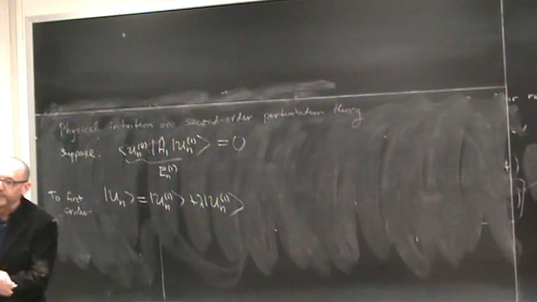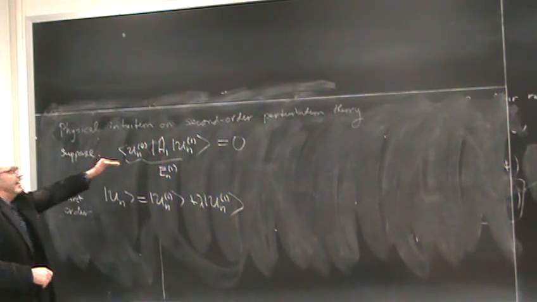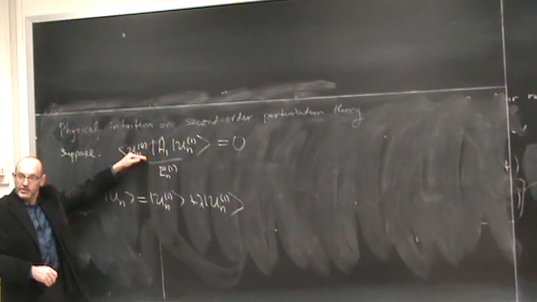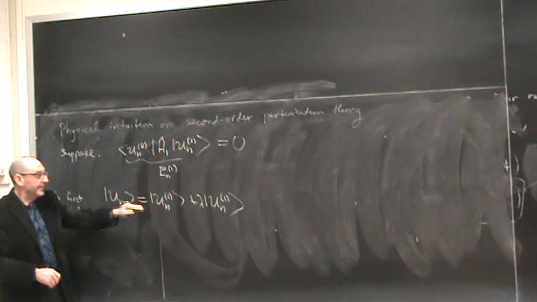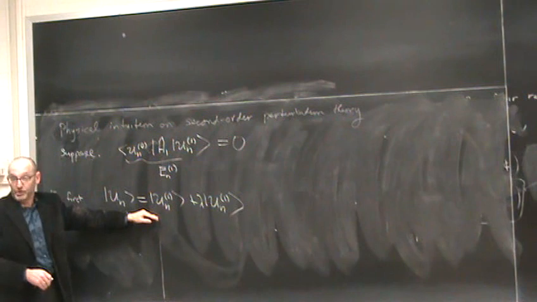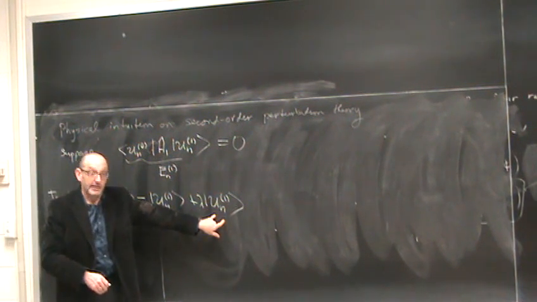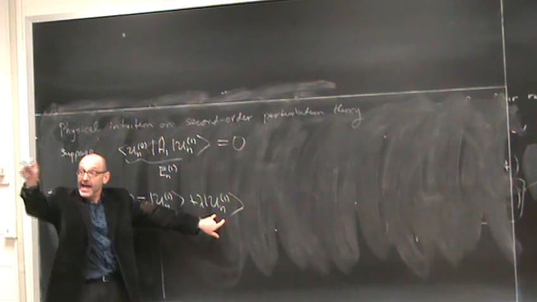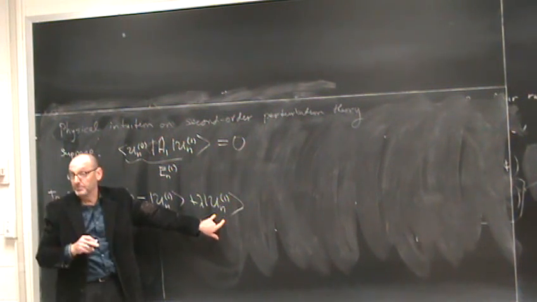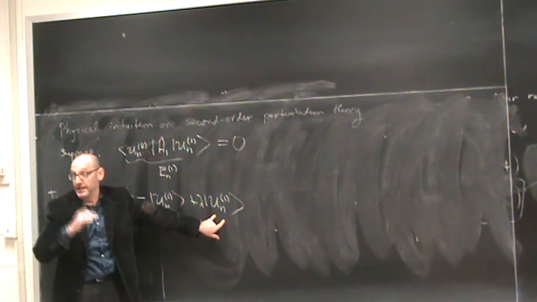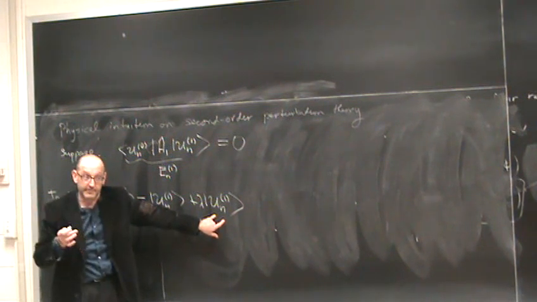So that could be true: even though the energy shift to first order is 0, the state itself is perturbed to first order. And that piece need not vanish, because it depends on the off-diagonal matrix element, which could be non-zero, and often is.